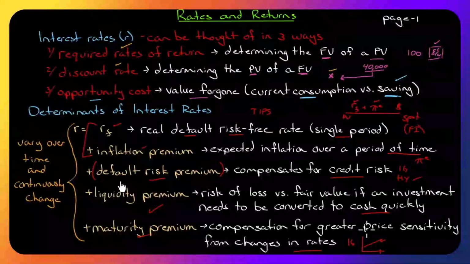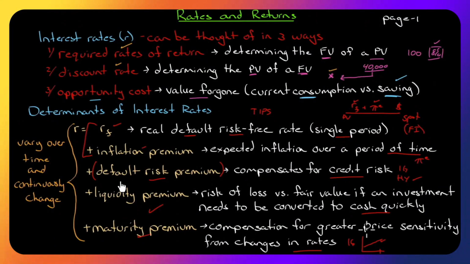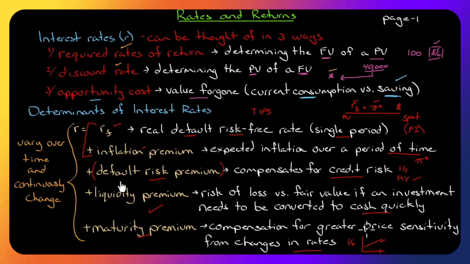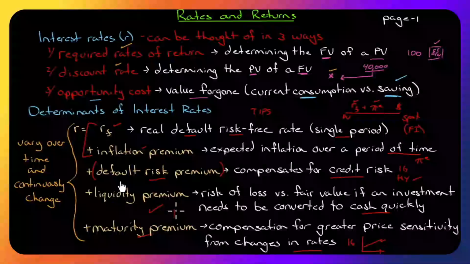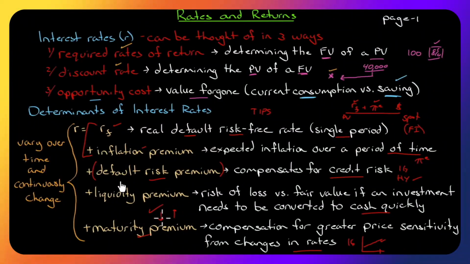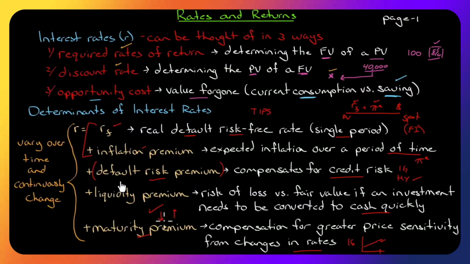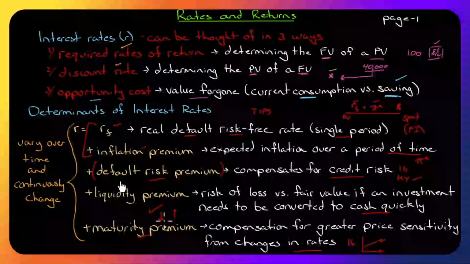You will learn in fixed income that the longer the maturity of the bond, the more sensitive it is to changes in interest rates. In other words, the greater the price change, it will be for a change in interest rates. So if interest rates go up, bond prices go down. There's that inverse relationship. The greater the maturity of the bond, the more sensitive it is to the same change in rates.